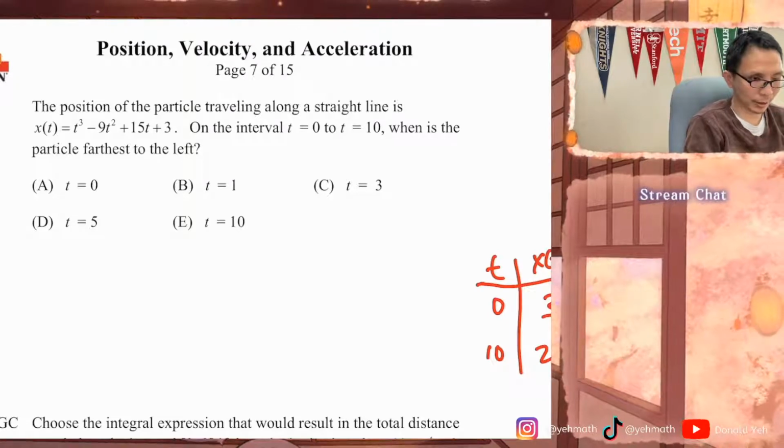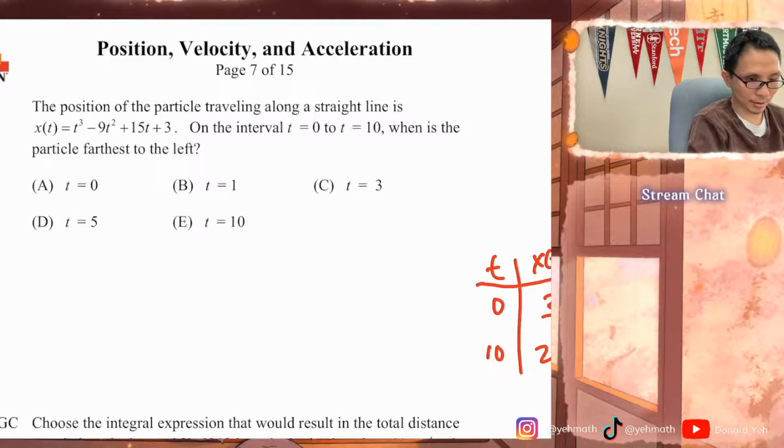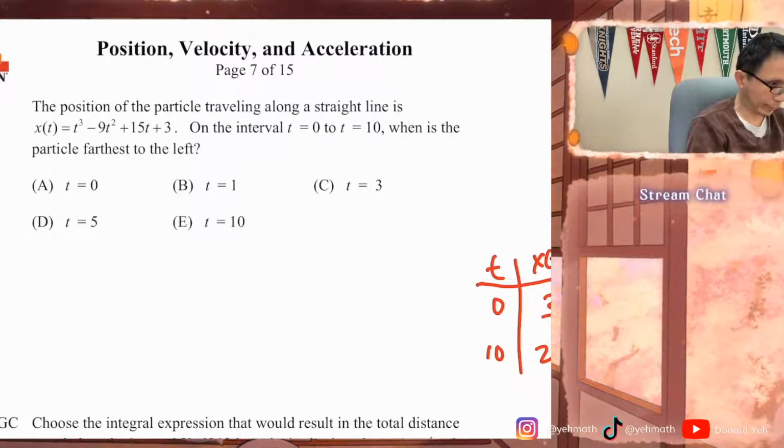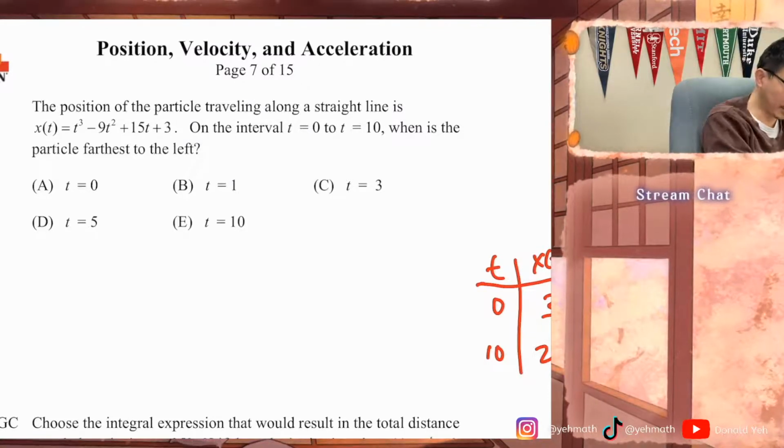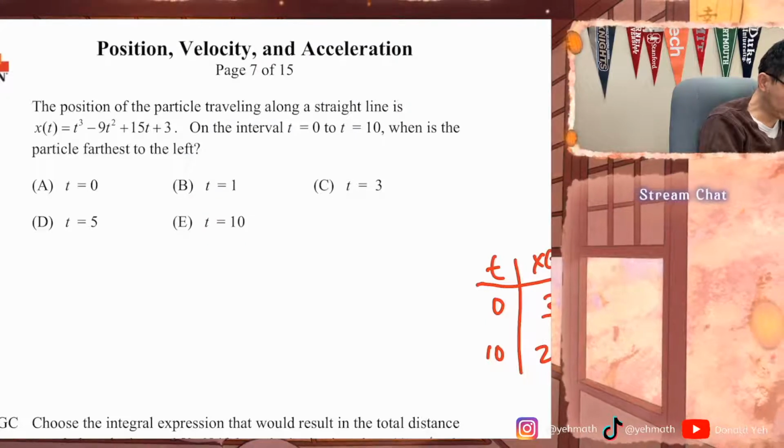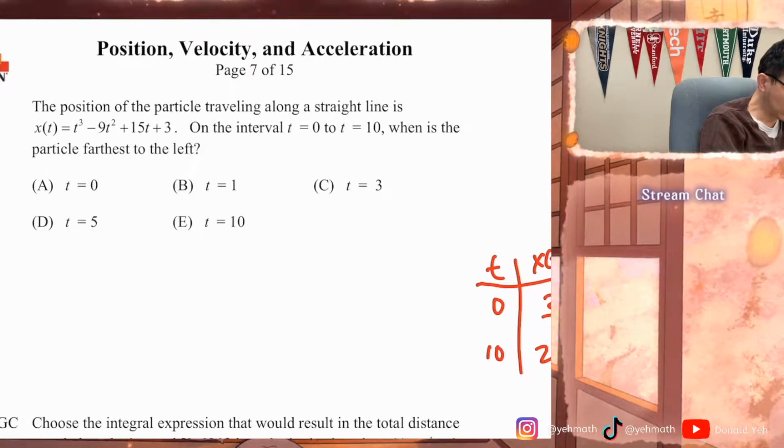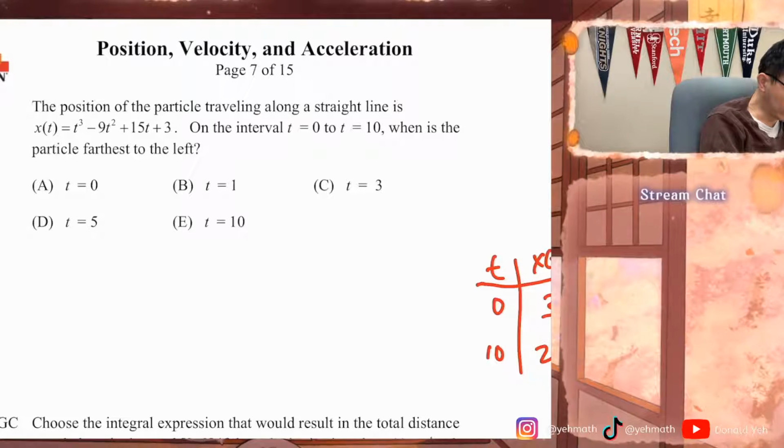How do I double check? I can type in the function. Of course, you don't have a calculator on this part, but I don't want to do this one by hand. He says 253.